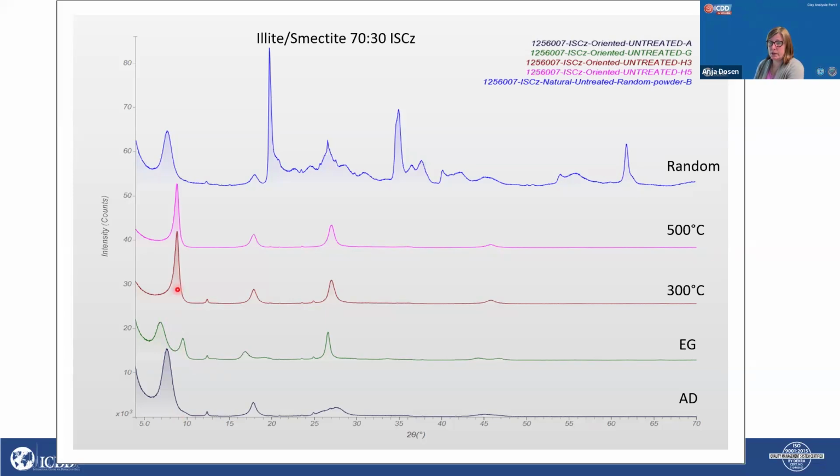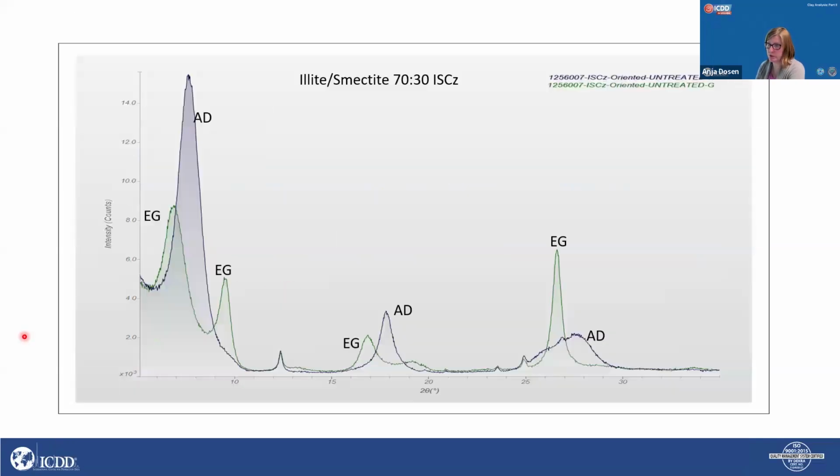When we proceed to heat these, they will go to a 10 angstrom peak. They will settle at that, as I showed in that slide earlier, and we can confirm that this here is a kaolinite peak because it is gone at 500, which means that it has decomposed.